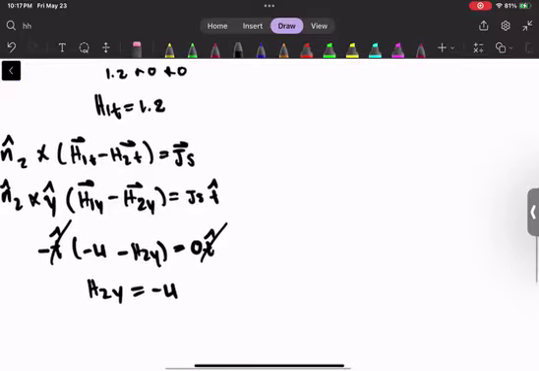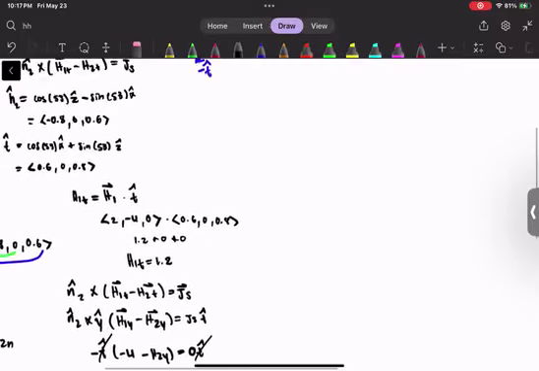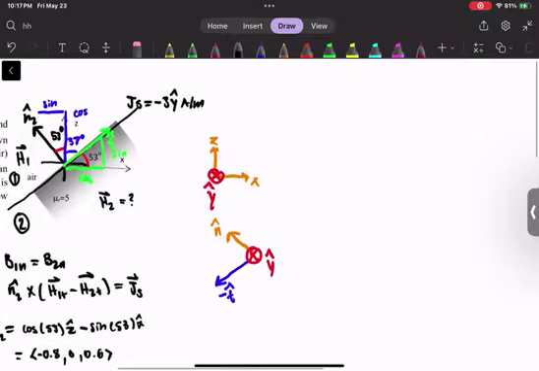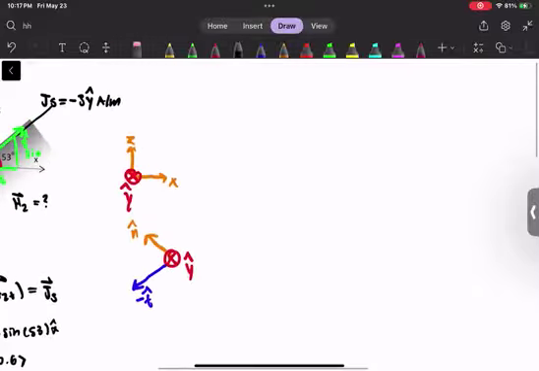Now let's do the other tangential component. We're going to do n cross t. We do the cross product between these two and get the y direction.